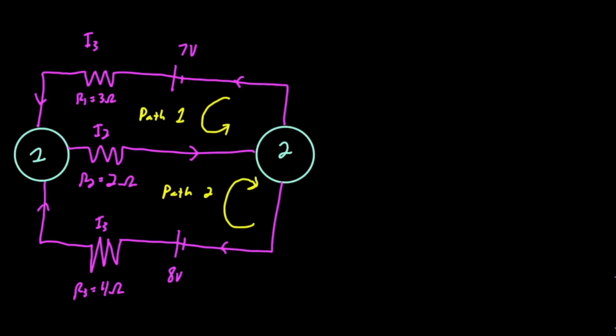Okay, in this example, you are given a circuit. Your voltages are defined, and your resistors are defined. But how do you find currents for I1, I2, or I3? And more importantly, how do you do network analysis on this specific diagram?